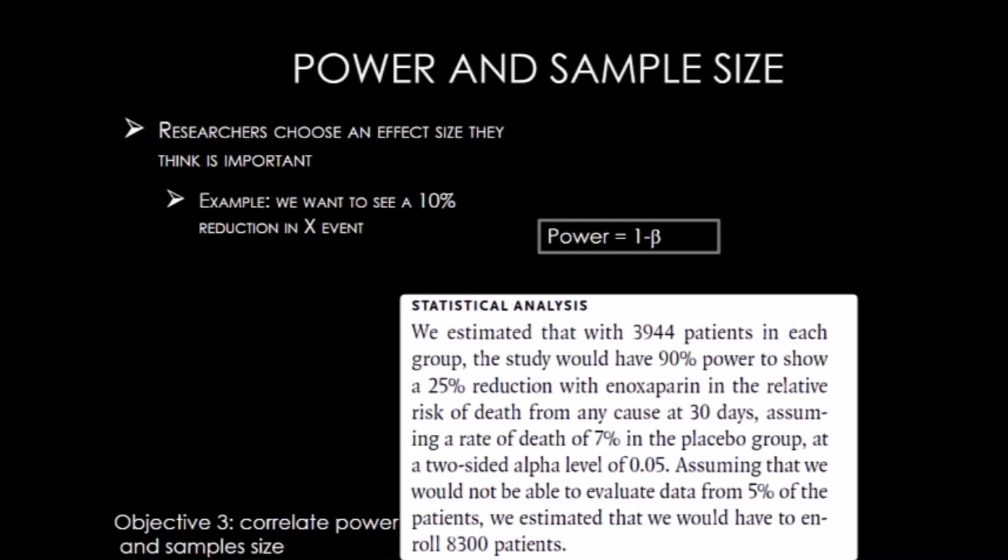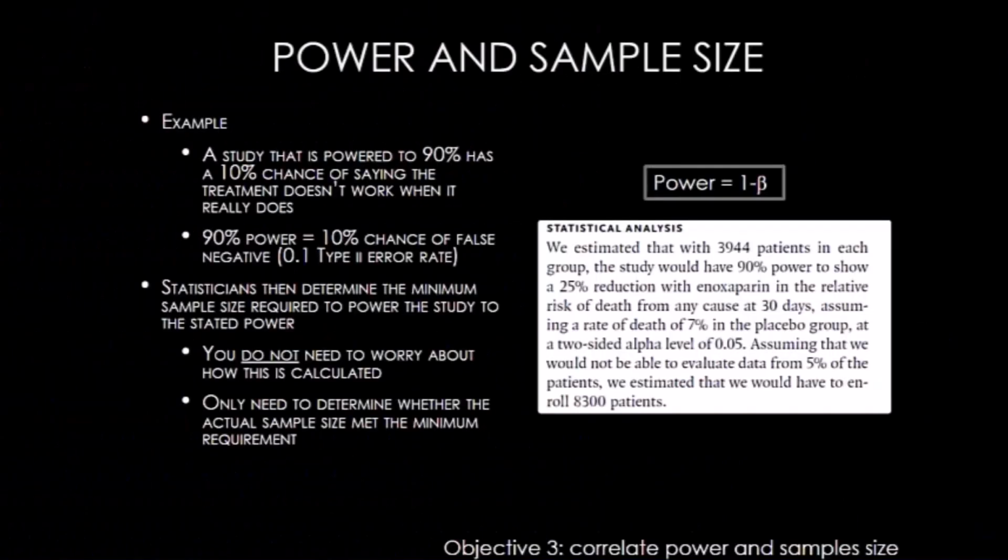Someone did the statistical analysis, not us, fortunately, at least fortunate for me, to calculate at a 90% power that they would need to enroll 8,300 patients. So this study that is powered to 90%, which is 1 minus beta, has a beta, or a type 2 error rate, of 10%, which essentially means it's a 10% chance of saying the treatment doesn't work when it actually does.